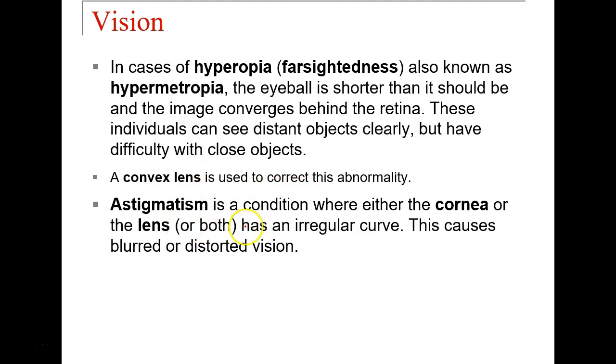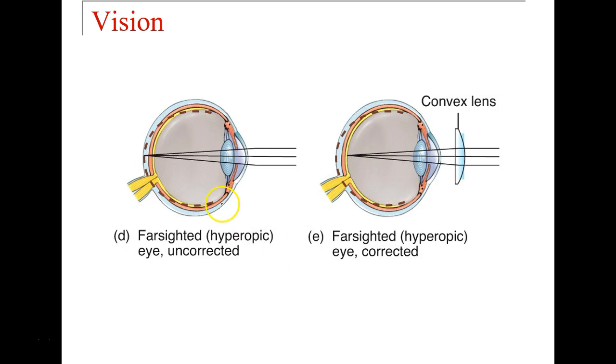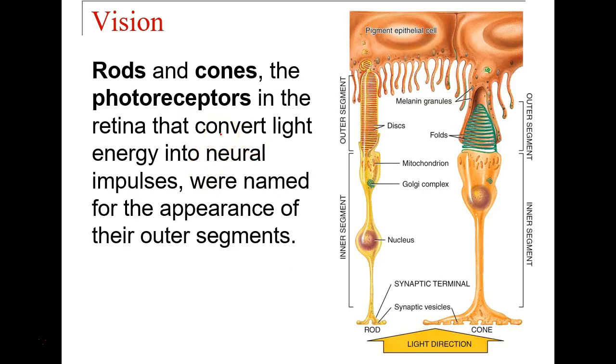And astigmatism is where the cornea or the lens, or even both, have irregular curves. This is going to cause blurred or distorted vision. Instead of the eye having an abnormal shape, we have the cornea or the lens causing the problem. But here's hyperopia.